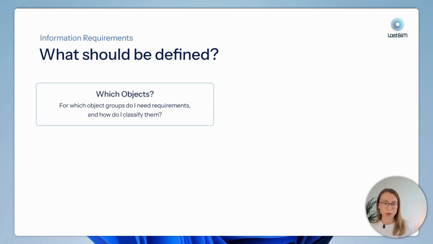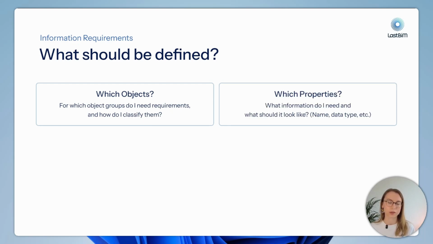And also very important always is to decide how I classify them, because when I am later in the model, I have to be able to identify for an element what object group it belongs to, so I know what requirements I have to apply to it and check later. So this is the first one.